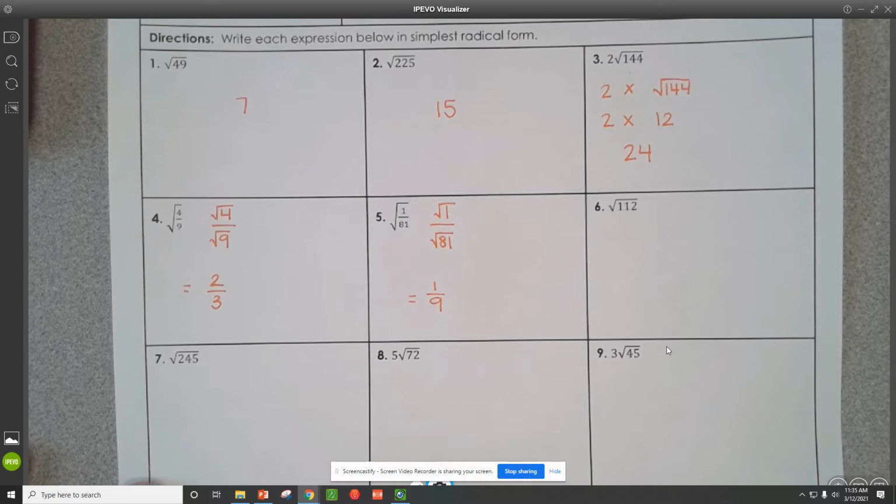But then we get to number 6, and this one is not a perfect square. So we aren't just going to get a whole number, and we don't type it in the calculator just to get a decimal.